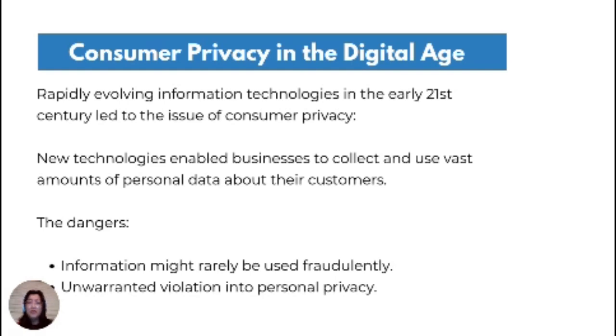Examples include identity theft or unauthorized financial transactions. The second concern is the violation of personal privacy. Companies may collect more information than necessary without the consumer's clear consent. This can lead to a feeling of being monitored or loss of control over one's own personal information.